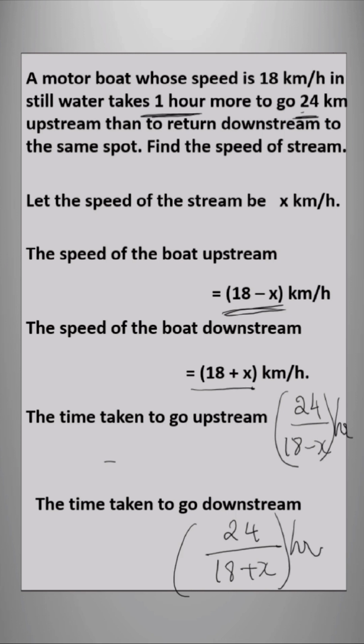According to the question, the motorboat takes 1 hour more to go upstream. This is the upstream: 24 by 18 minus x, minus what? The time taken to return downstream to the same spot, that is 24 by 18 plus x, is equal to 1 hour.